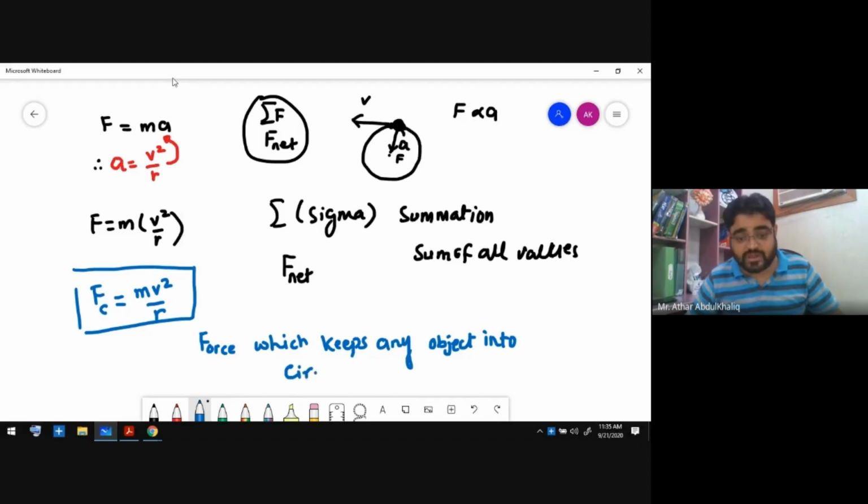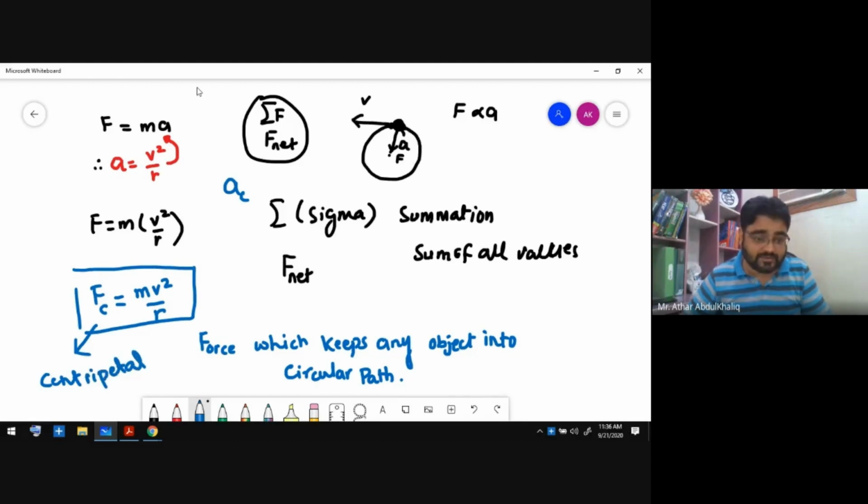If you want any object to move in a circular path, it will have a force that is keeping it in the circular path. Fc is centripetal, as we use ac for centripetal acceleration. Centripetal means toward the center.